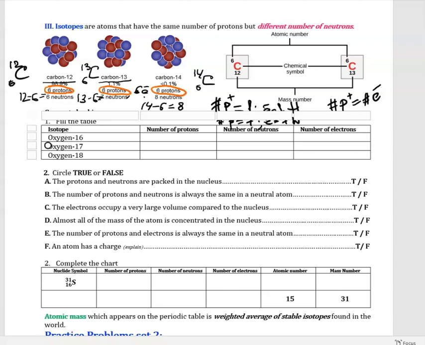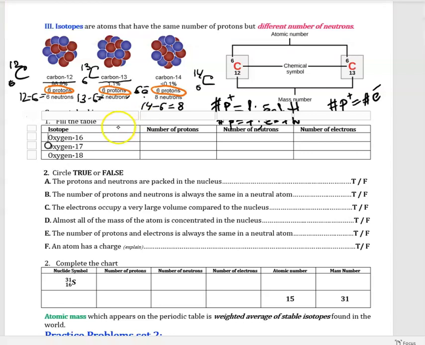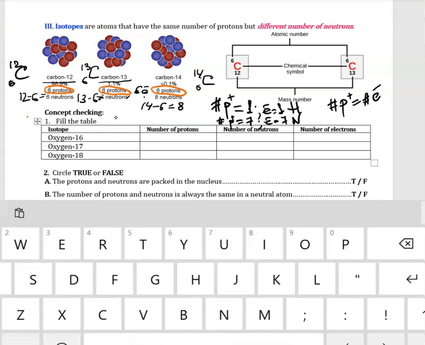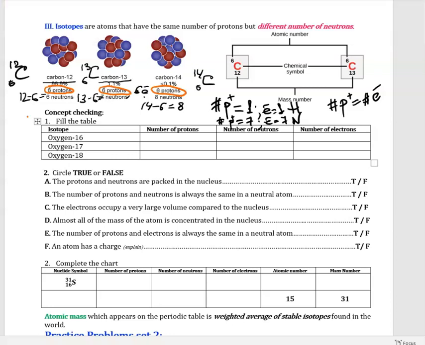And we need to fill this table. So no drawing anymore. Okay, so fill the table. Oxygen 16, oxygen 17, and oxygen 18. These are isotopes too, of oxygen.